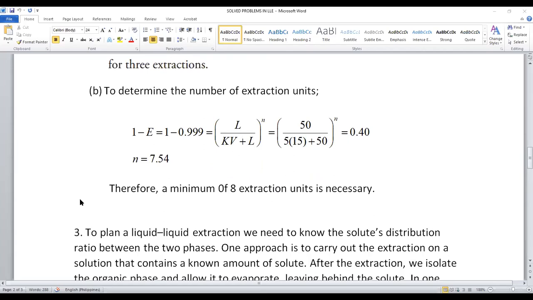Even if mathematically it is not rounded off, like even if this is 7.1, you will still have to answer 8. Because if it's just 7, it will not reach the efficiency that is stated. So the next higher number should be your number of extraction units.